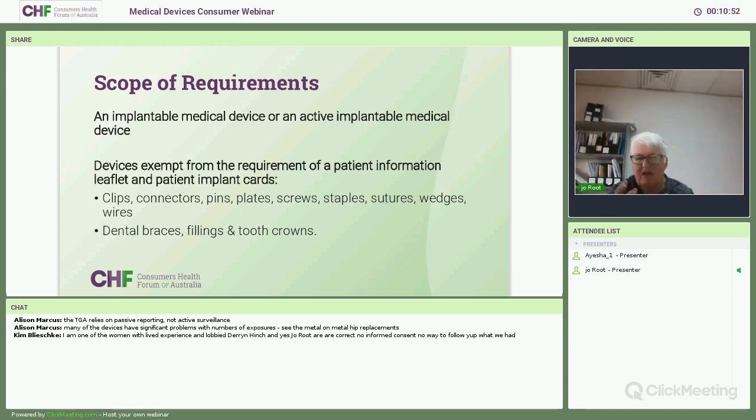As you can see, a lot of the devices used for dental work, dental braces, fillings, and tooth crowns, which are permanent and implantable, aren't seen as the same category of risk, so aren't required. And all the clips and connectors and pins and plates and screws wouldn't have a separate card or separate information. They're used to keep things in place.